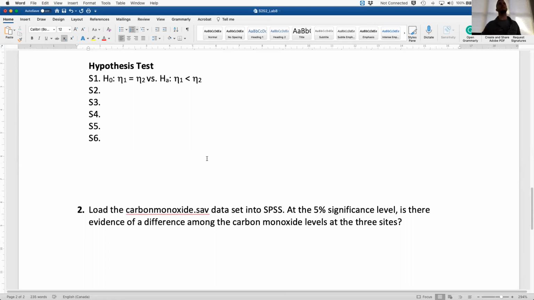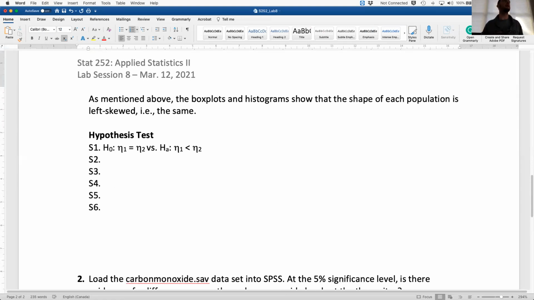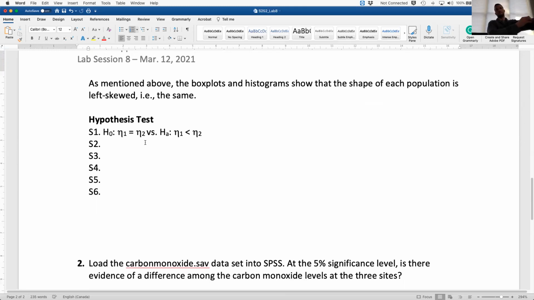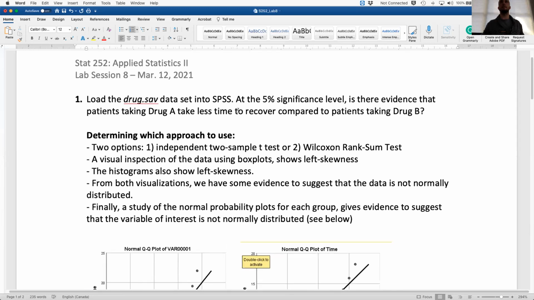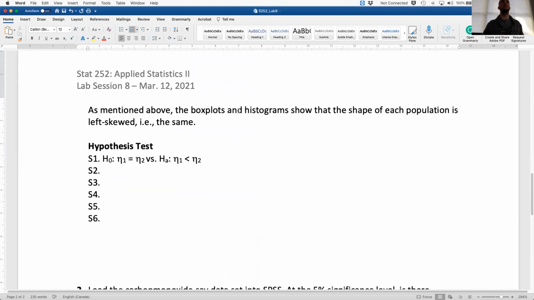Right, so we're testing that the mean time spent recovering on drug A is less than that on drug B. So we have a lower tail test. On step 2, we're going to test at the 5% significance level, so alpha is equal to 0.05.